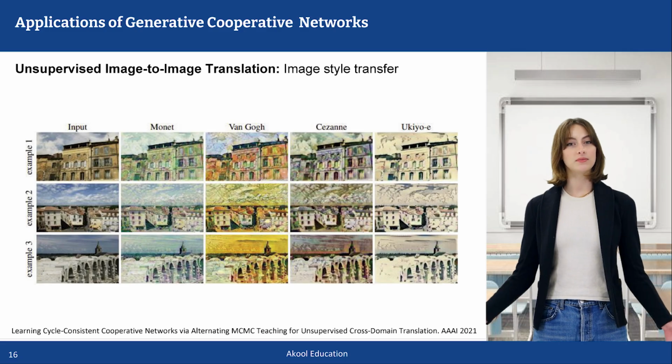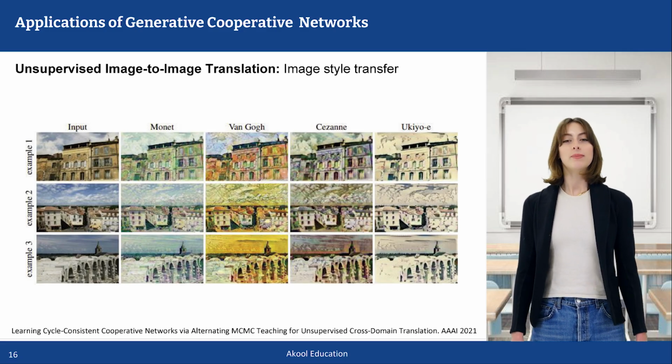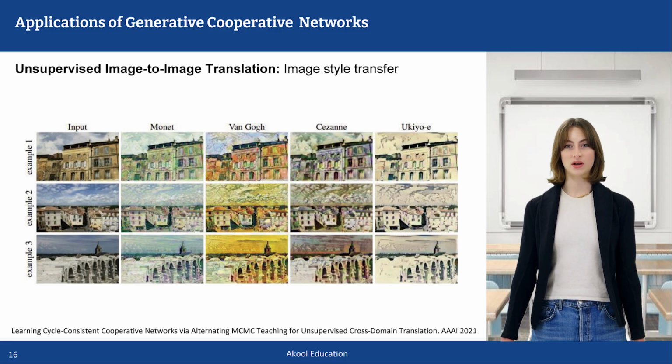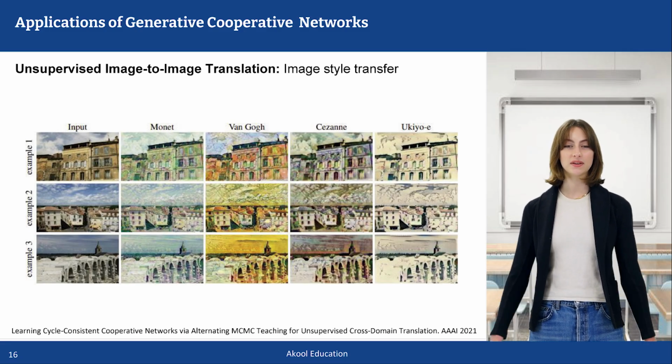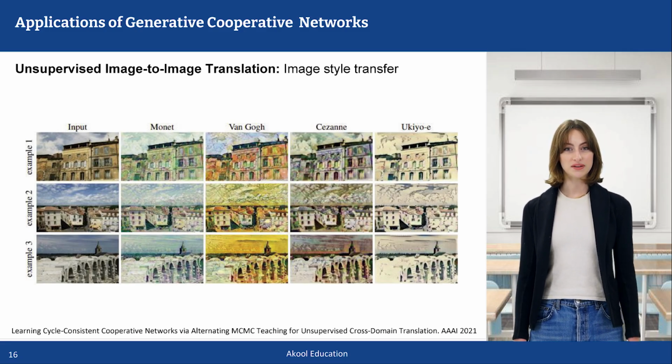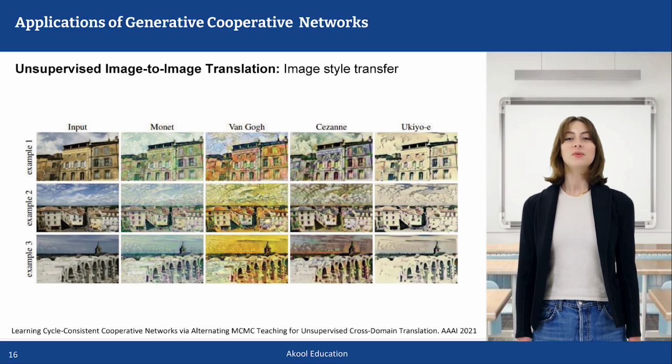Each cooperative network includes an energy-based model and a latent variable model, modeling the distribution of one domain. In this application, the model learns to transfer style between different image domains. For example, transforming real photos into paintings of various artistic styles, all without the need for paired supervision.